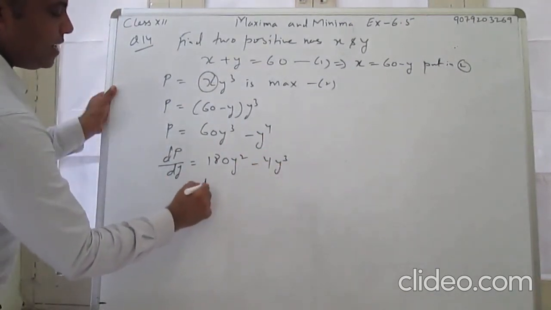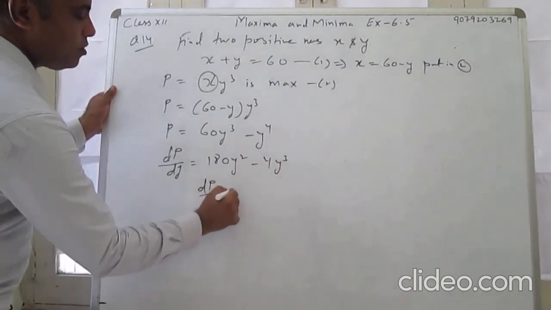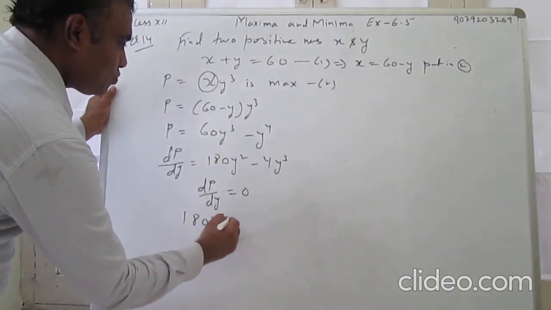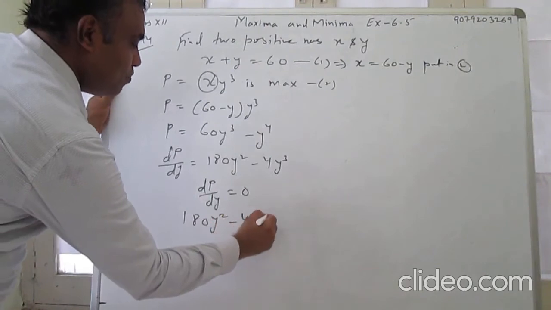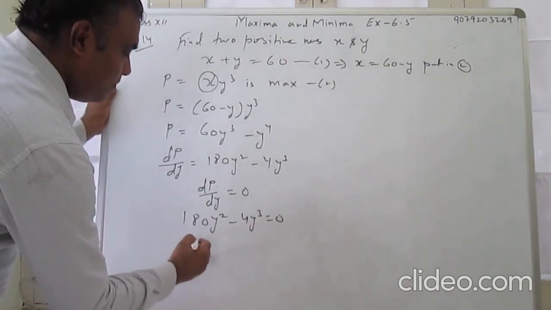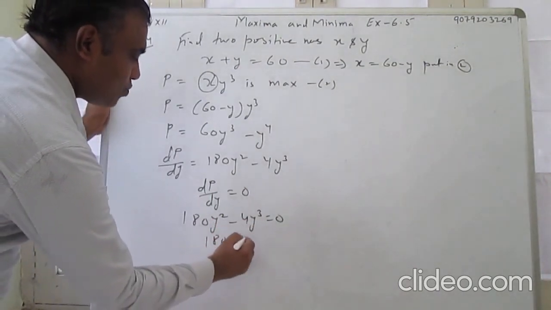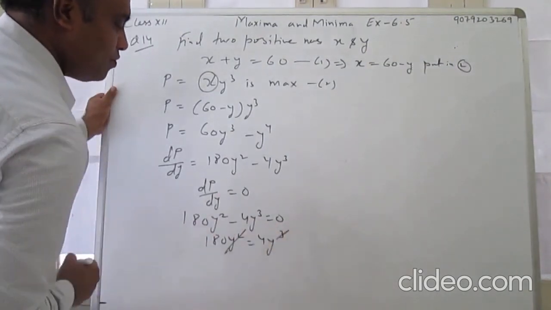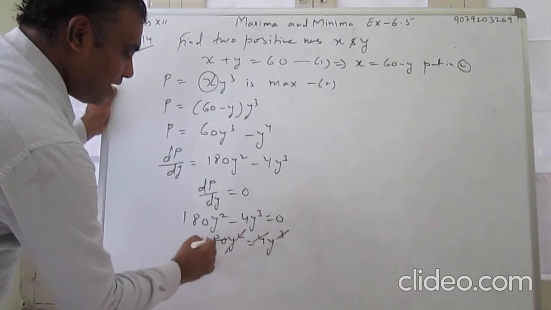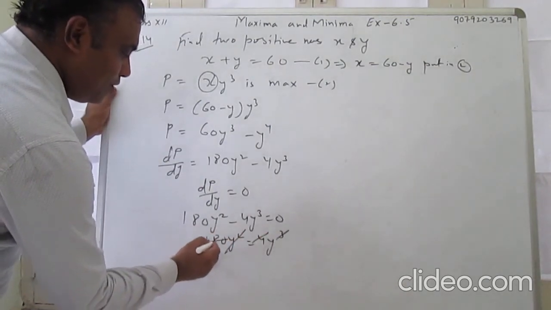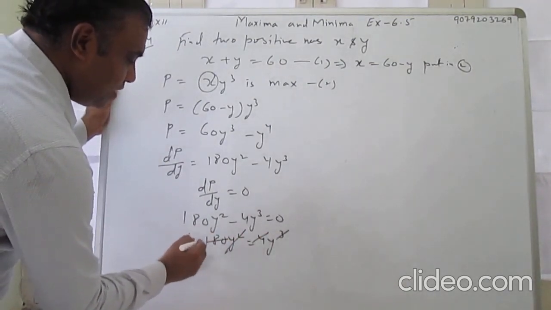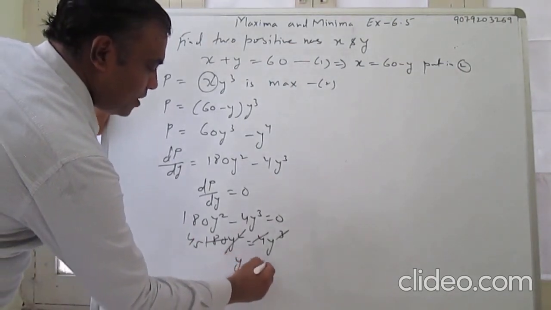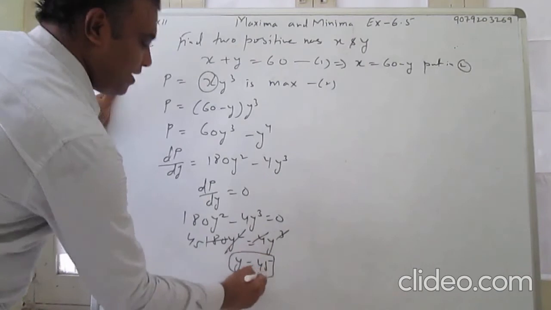Now dP by dy is equal to 0 to find the critical points. 180y square minus 4y cube is equal to 0, so 180y square is equal to 4y cube. Cancelling y square and dividing by 4, we get 45. So y is equal to 45. This is our critical point.